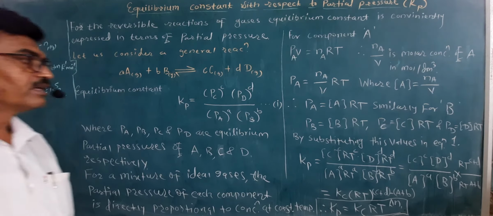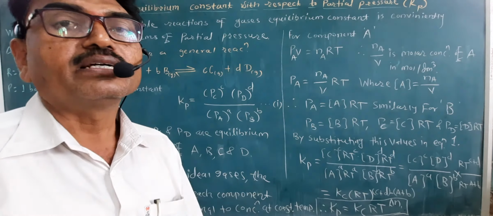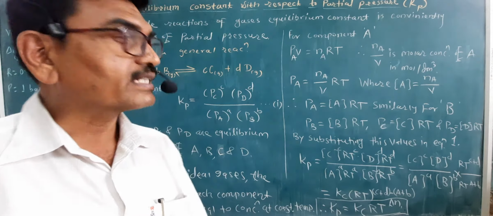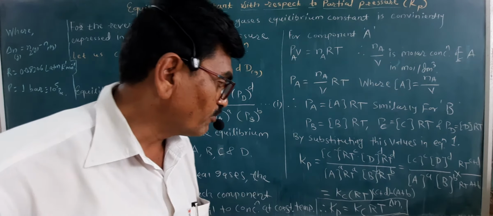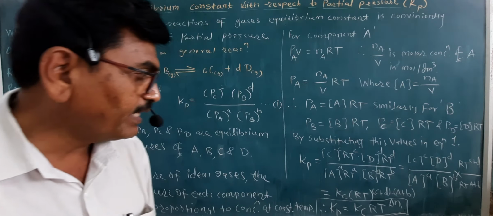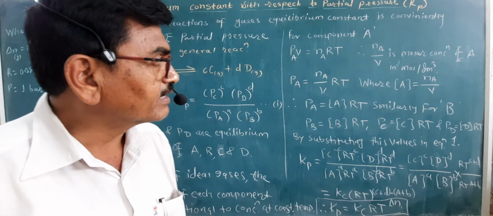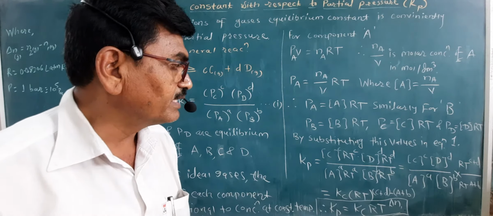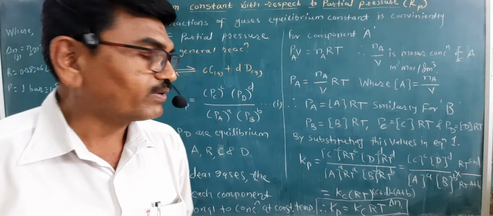So in this way, how the equilibrium constant can be written for the gaseous reaction, that is in the form of Kp, and furthermore the relation between Kp and Kc is there. So we will see a few numericals based on this, so we can easily understand this concept. Okay.